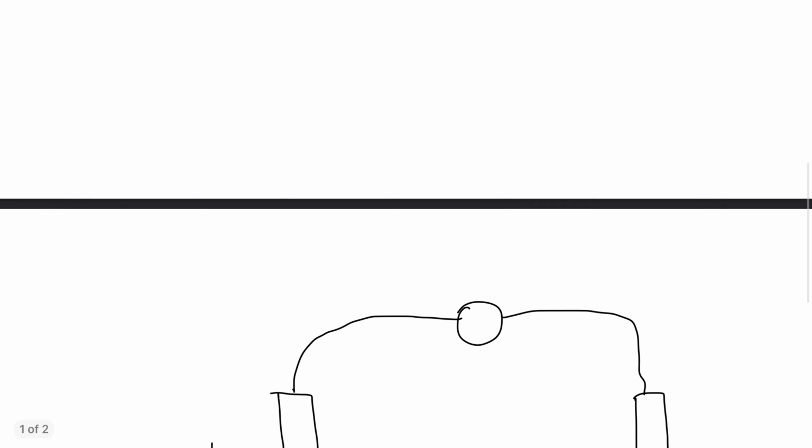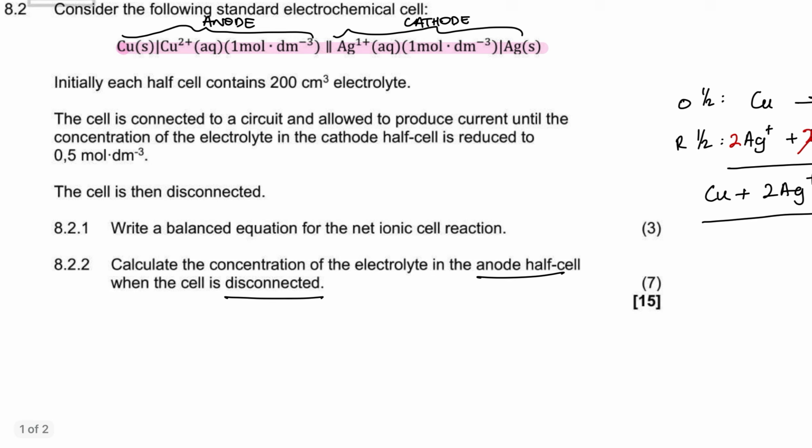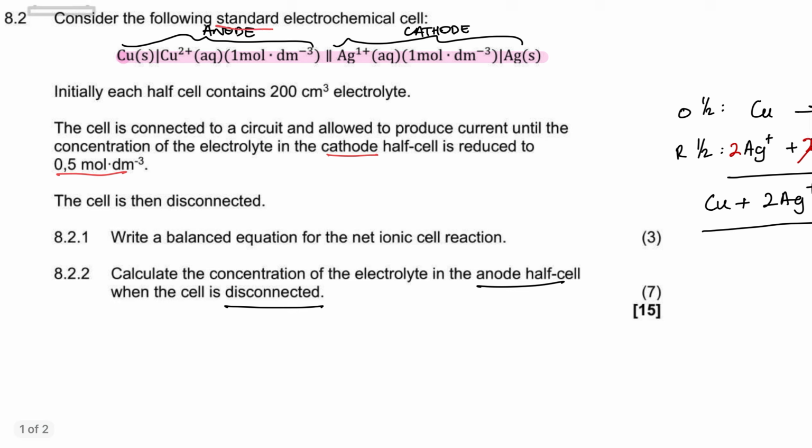Now, to calculate the concentration here, we need to first take a look at what's happened. They tell us that the cathode had a concentration decrease to 0.5. But from what? Since this is a standard electrochemical cell, we know that standard electrochemical cells operate with a concentration of 1 mole per dm³.